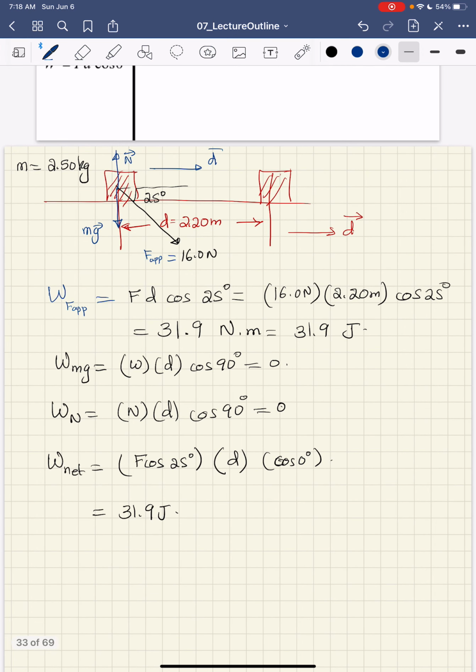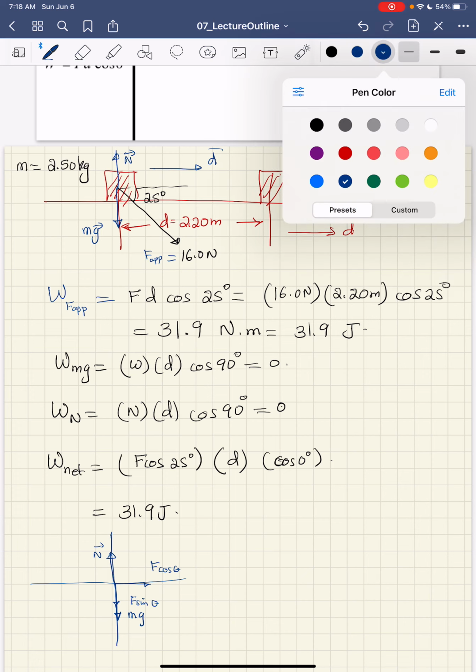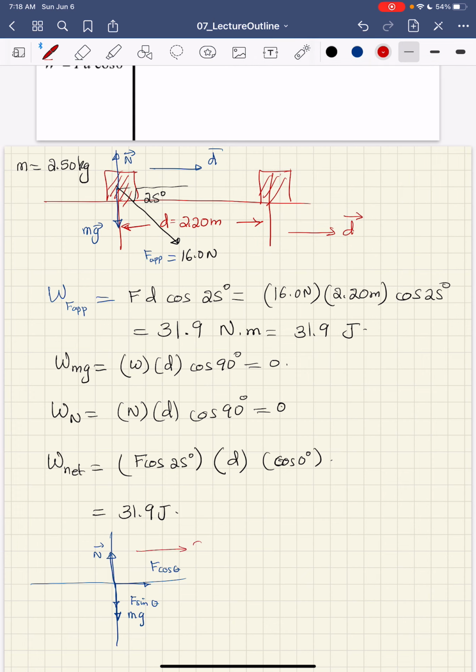If this is my free body diagram, I will have here mg, and here the F sine theta, and here the F cosine theta, and I have the normal. Now the displacement is in this direction.